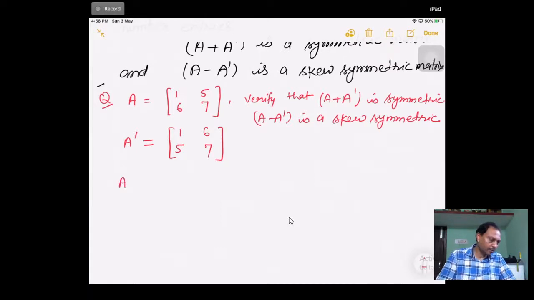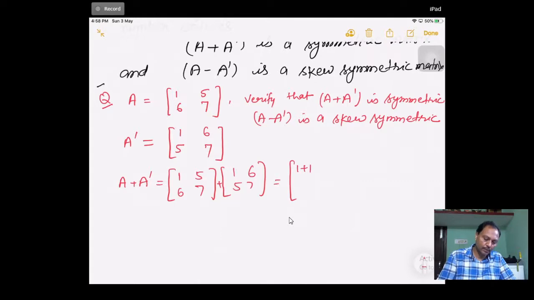Now obtain the sum. 1, 5, 6, 7 and adding 1, 6, 5, 7. So it will be 1 plus 1, 5 plus 6, 6 plus 5, 7 plus 7. So it will be 2, 11, 11, 14.